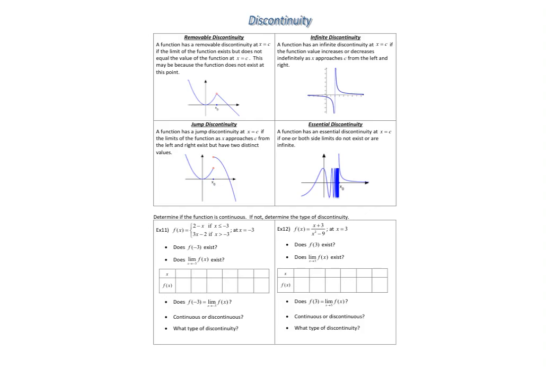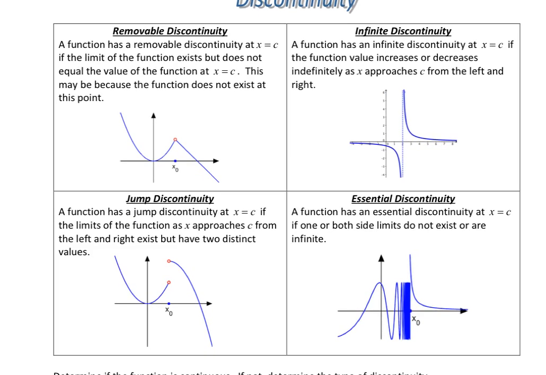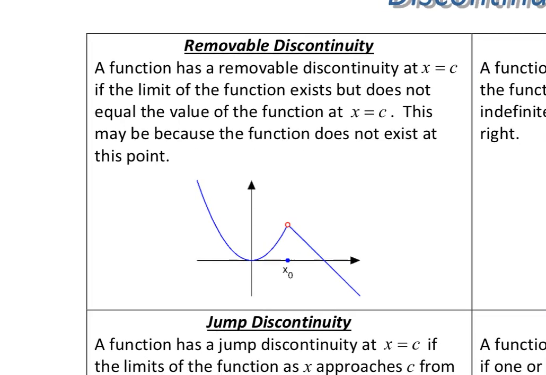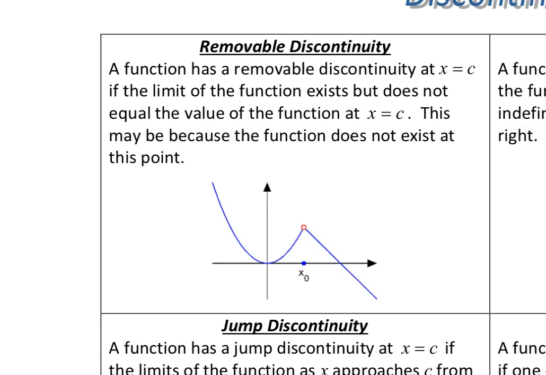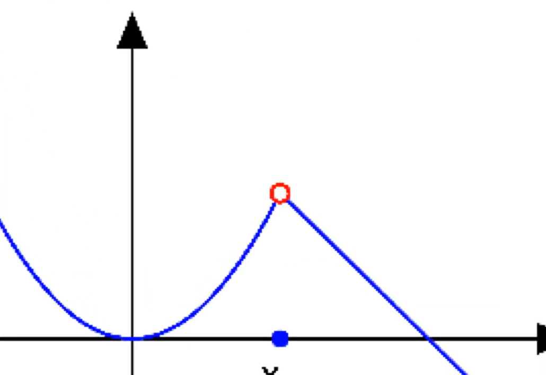Now, what I want to talk about is the different types of discontinuities. Because when I ask you to do the continuity test, or when I ask you about a discontinuity, I'm going to say, if it's discontinuous, what type of discontinuity is it? And so in this first one, removable discontinuity, basically what's happening is that the function would be continuous if it weren't for just this one little space right here.